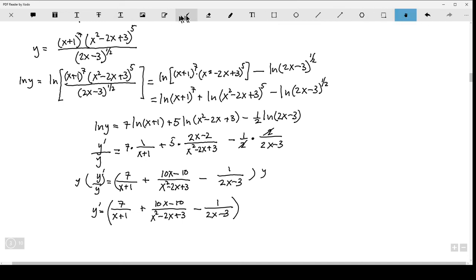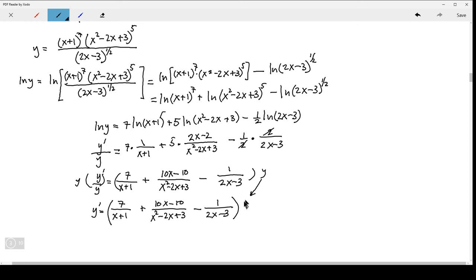So when I put y back in, this y right here is going to be x plus 1 to the 7th times x squared minus 2x plus 3 to the 5th all over the square root of 2x minus 3.